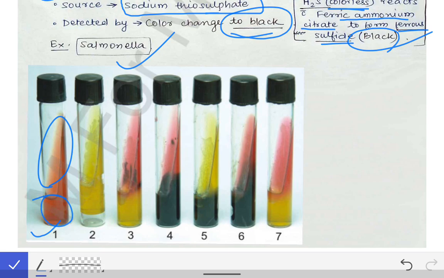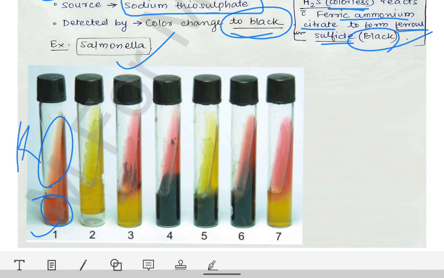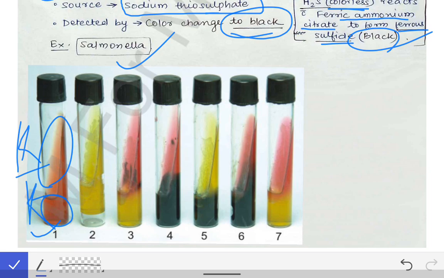That means it is alkaline, it is K by K. And there is no gap produced anywhere in this, so we can say that the gas is absent. The gas is absent in this test tube, plus there is no black color change seen in this test tube 1.